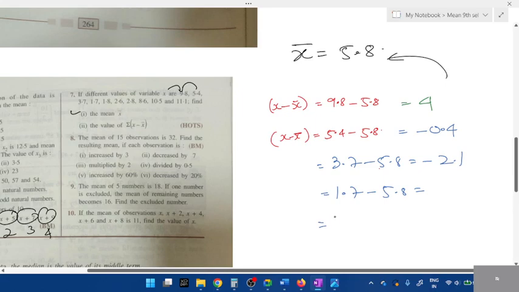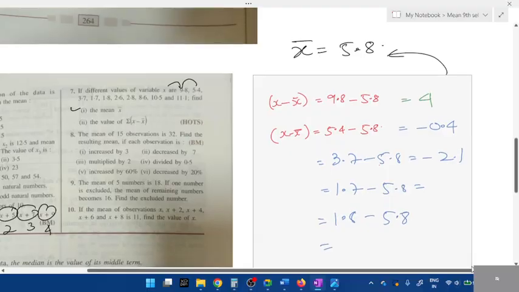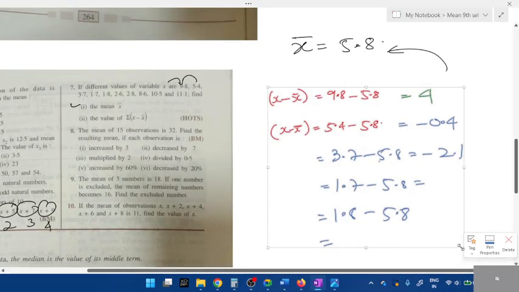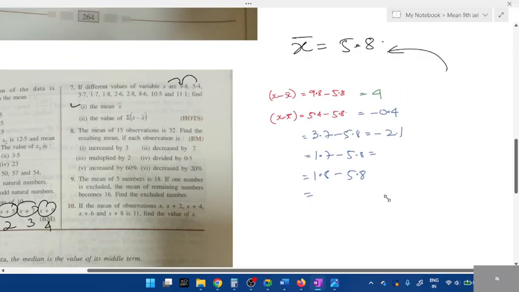I'll write the values. So I'll give you 5 minutes time. It's a lengthy question. Calculate all this and tell me the answer.